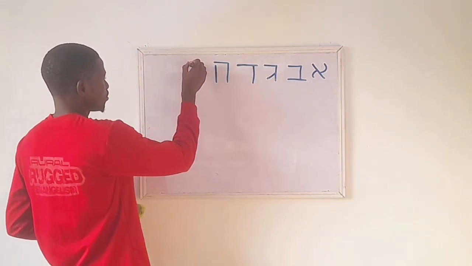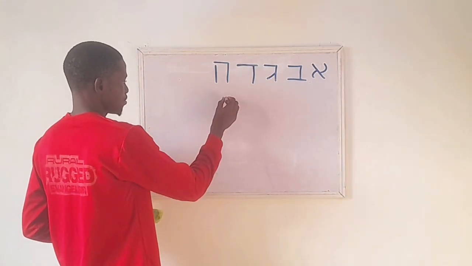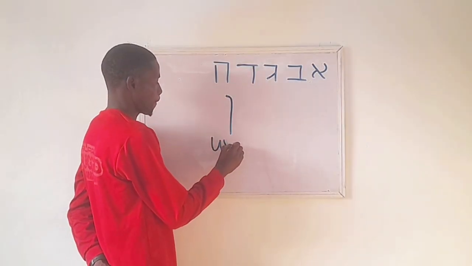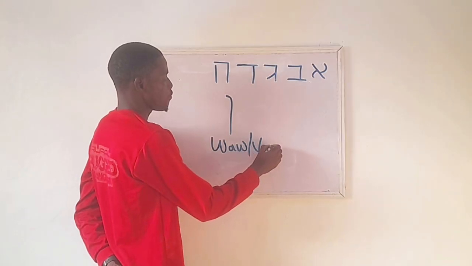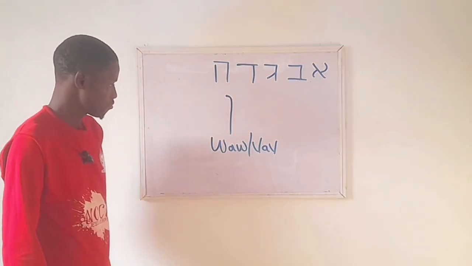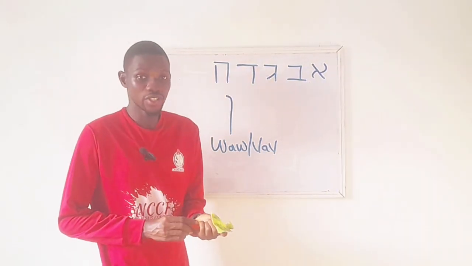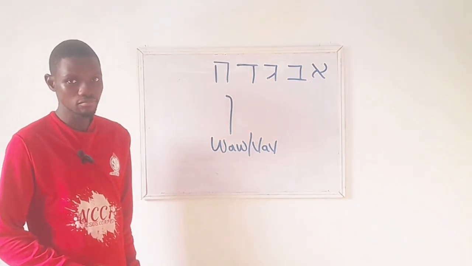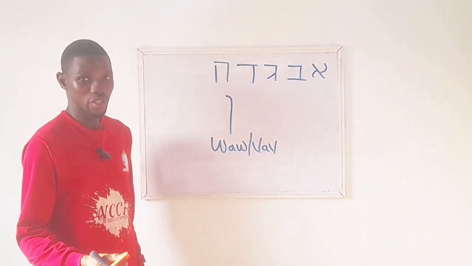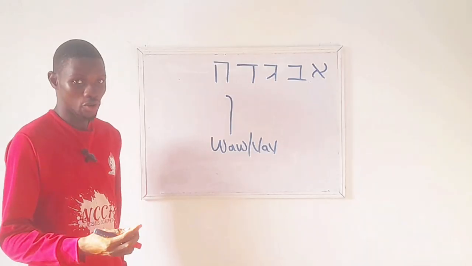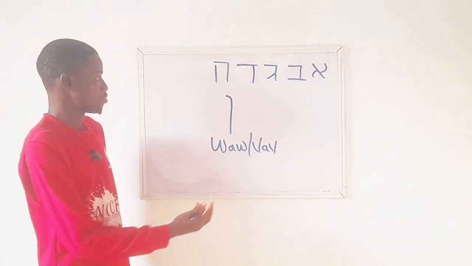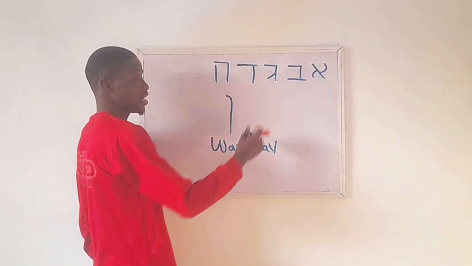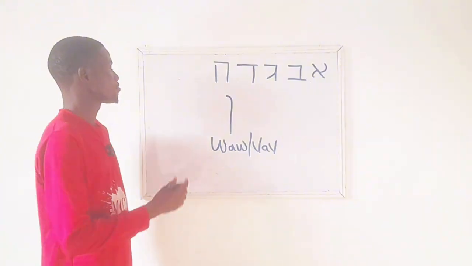The next one is called Vav, or Wow. Now, when you see the video on dialect, you're going to know why we are having Wow or Vav. Alright, so now we have two letters that can be written as V in Hebrew. Number one is our Bet without a dagesh; when we see the Bet without a dagesh, we can write it as V, Vet.